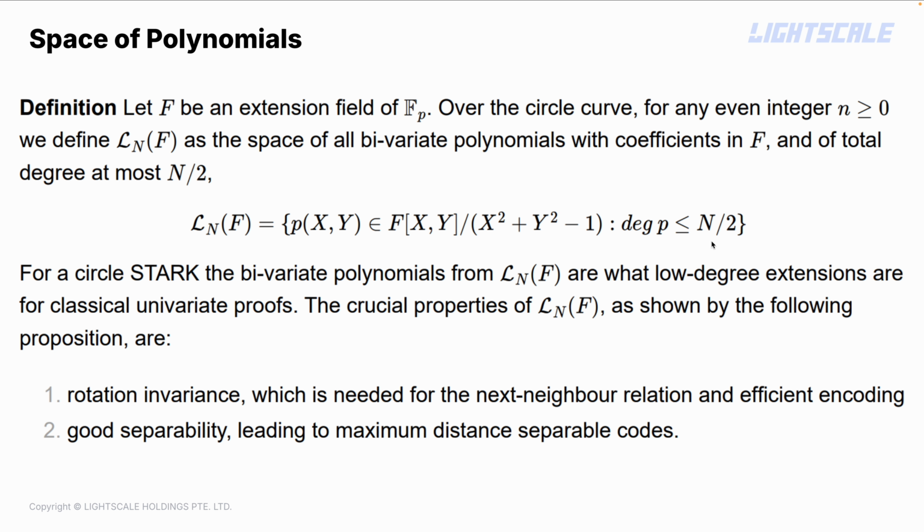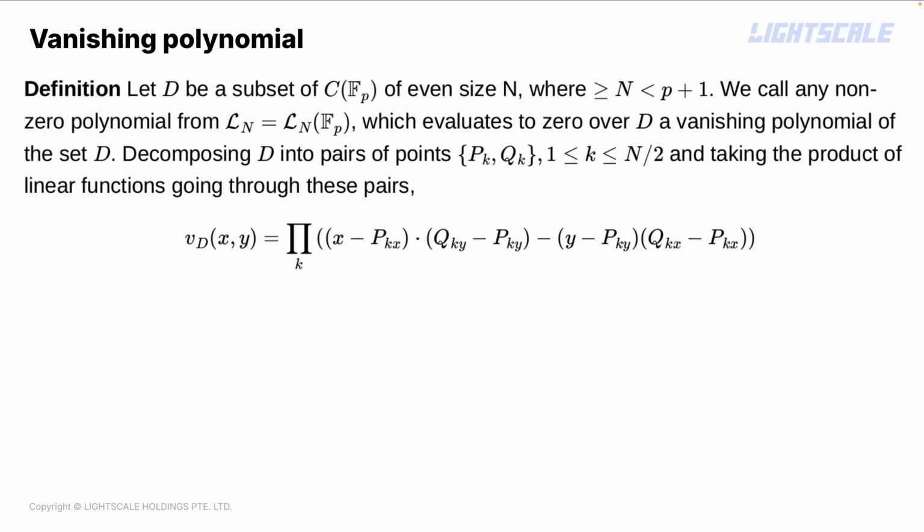Ah, I see. So the degree of each is n divided by 2, so that if they get multiplied together, it becomes n. And here the degree means the maximum degree that each variable, x and y, can have. Yes. So one element will have a maximum of degree n.